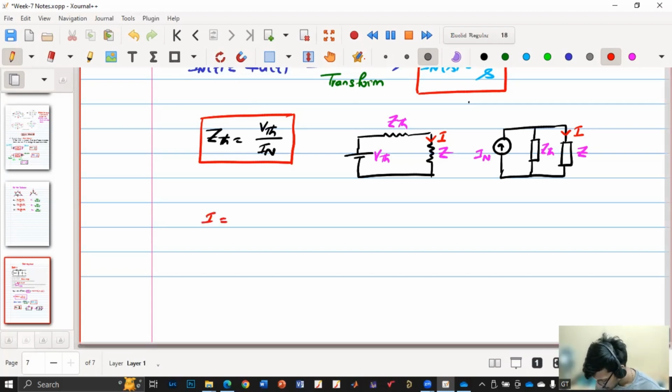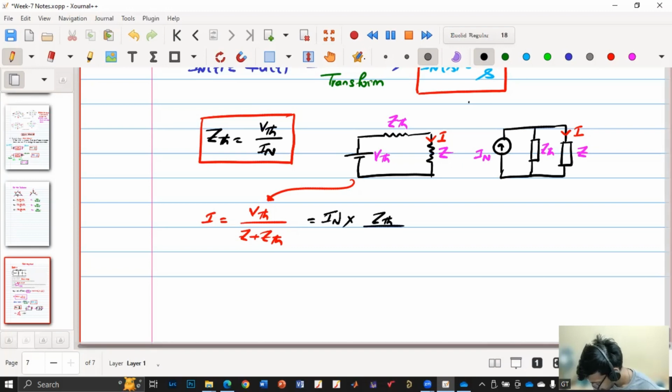My I is V Thevenin by Z plus Z Thevenin in this case, or I Norton into Z Thevenin by Z plus Z Thevenin as coming from this circuit.